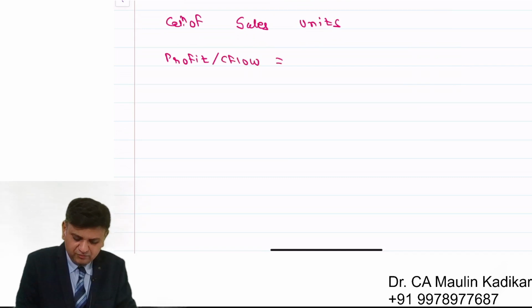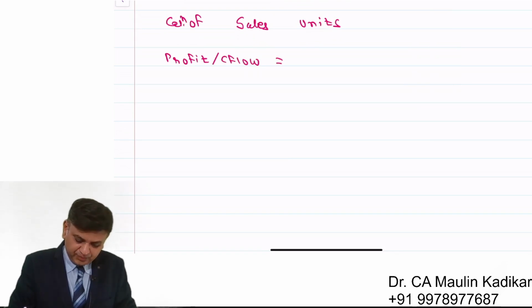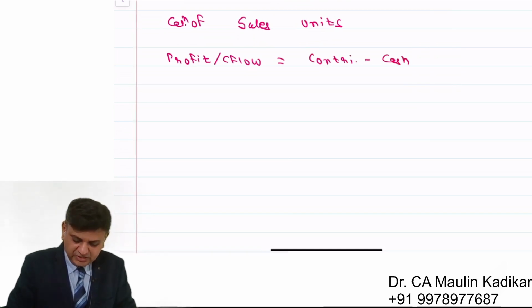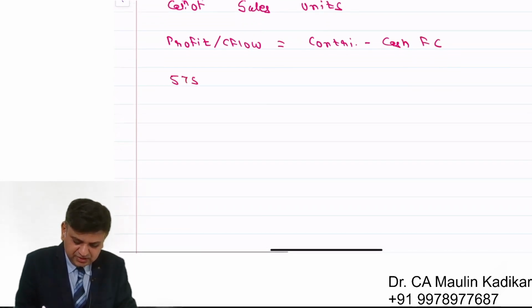Why? Because we do not have taxes. We do not have depreciation to be adjusted. So the profit or the cash flow is equal to contribution minus cash fixed cost. This is provided to us as 57,500.